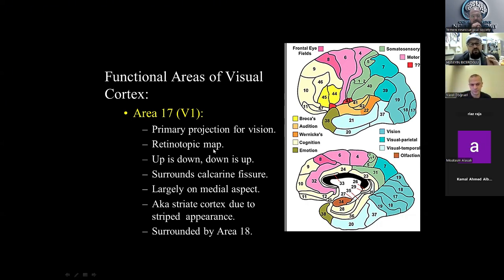It has a retinotopic map, where up is down and down is up, and it surrounds the calcarine fissure, which I mentioned previously. It's largely on the medial aspect, and it can be named the striate cortex.